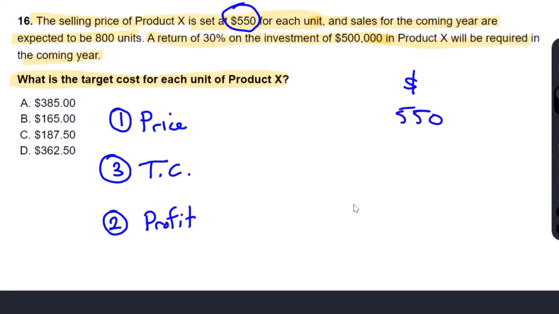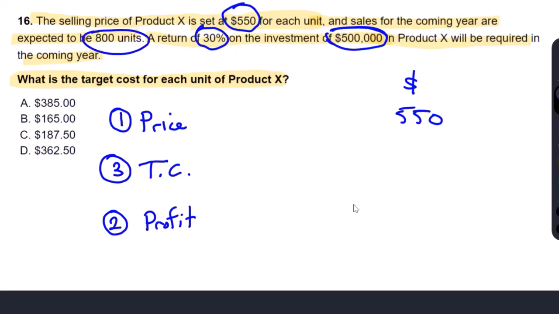Do we know the profit per unit? Well, we can work that out, and the numbers are more manageable in this example. We need 30% on $500,000 in the coming year. That's the total profit. But if we get to the unit level, we've got to divide that then by 800 units.